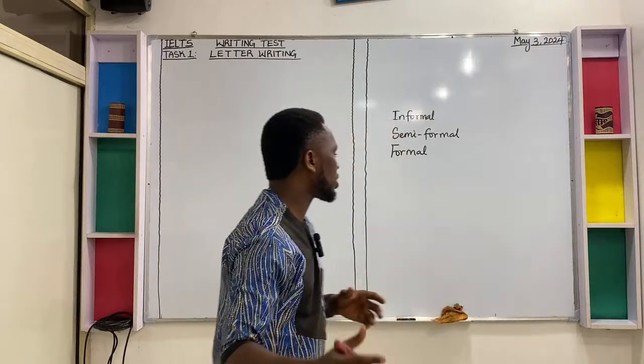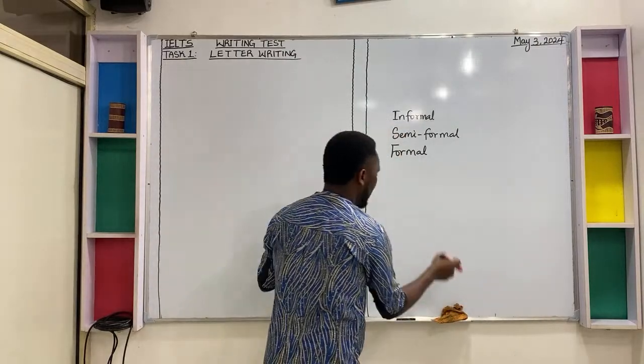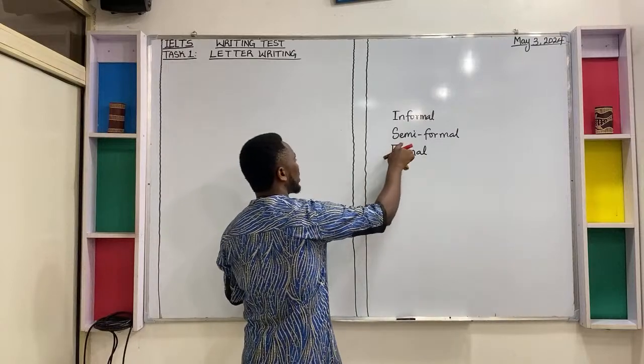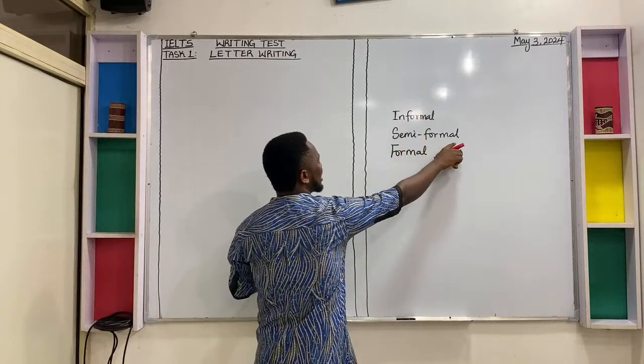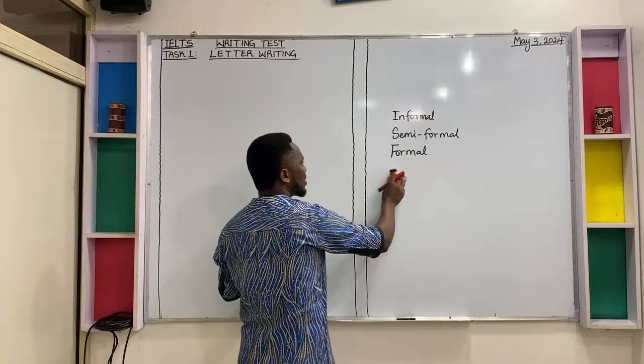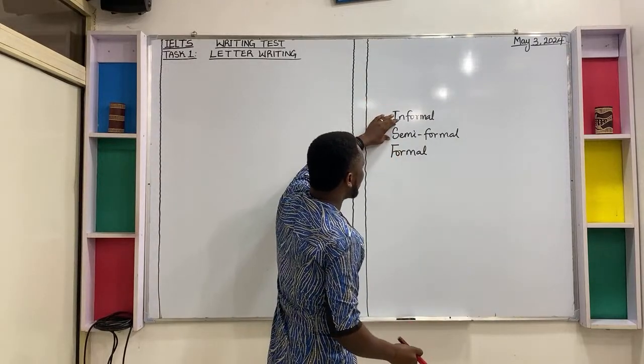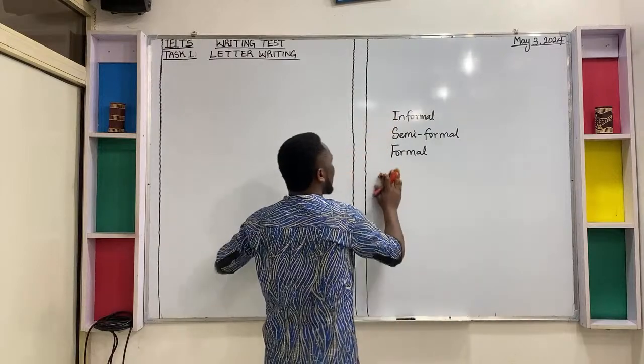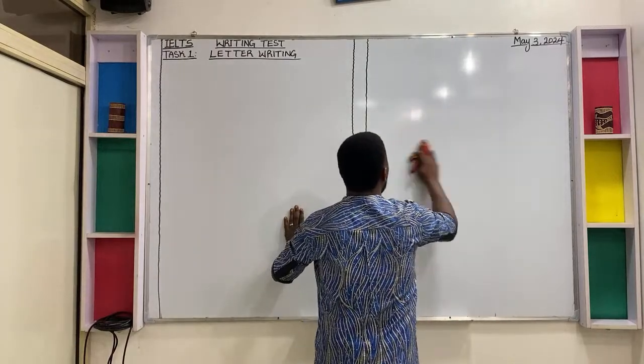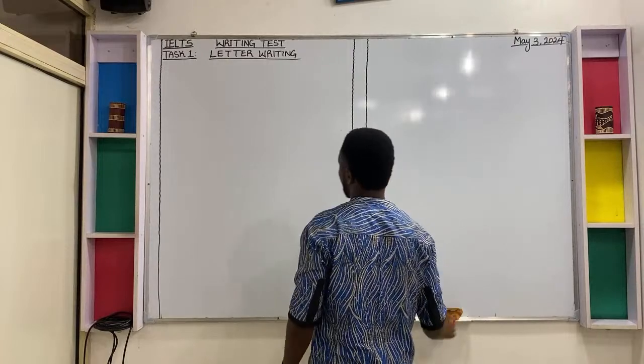All right? So because of that, they fail any question that is supposed to be treated as a semi-formal letter. All right? So there are 3 types of letters: the informal letters, the semi-formal letters, and the formal letters. We shall treat the 3 types of letters today.